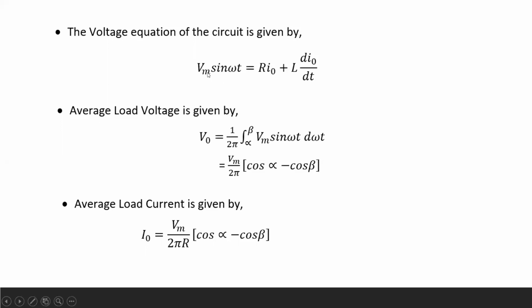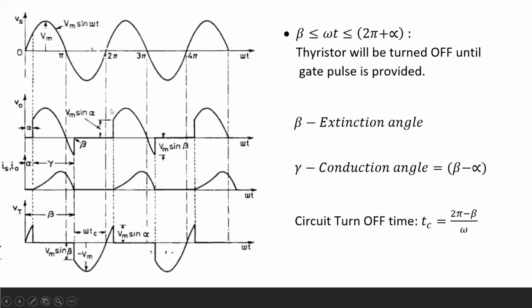This is our supply voltage Vm sin omega t, and R into I naught will be the drop across the resistance. I naught will be the output current. Okay, and this is the voltage across the inductor, right? L di by dt.